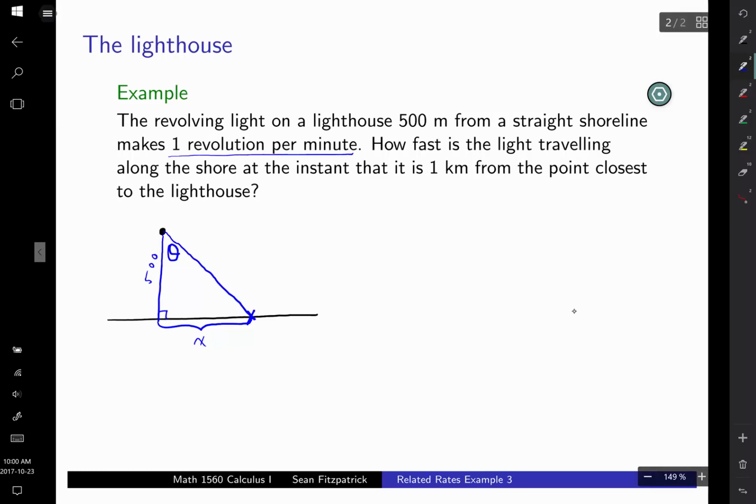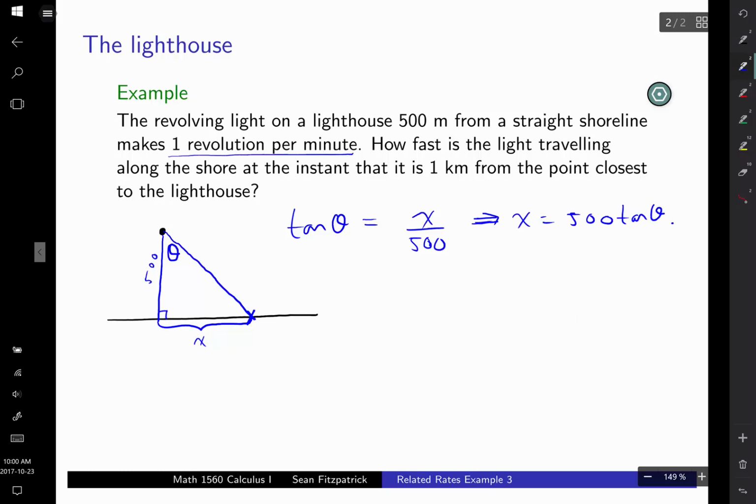And so what do I know? I know that tan theta is equal to x over 500. Okay, that's the relationship between my variables. And if I want, since x is the thing I'm interested in, I can actually solve for x here. x is equal to 500 tan theta.